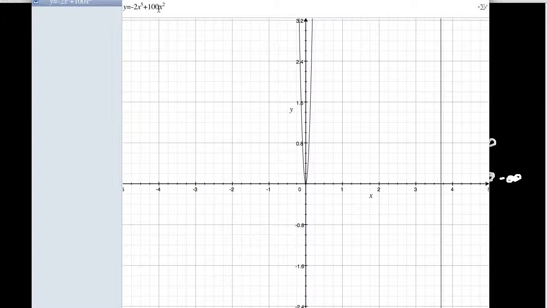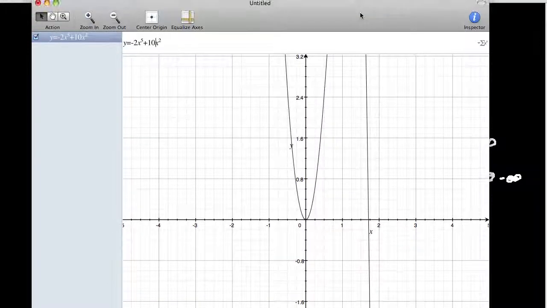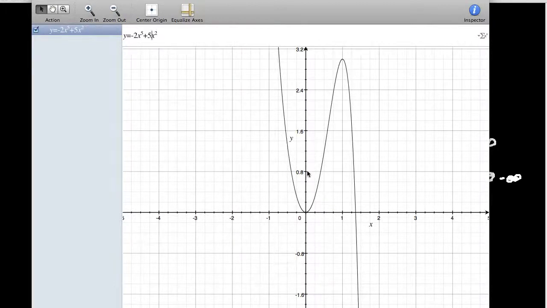Maybe I should make that a little bit smaller than 100. Let's leave it at 10. There we go, it might be a little bit more clear what's happening. Let me make it 5 here. There you can see it happening.